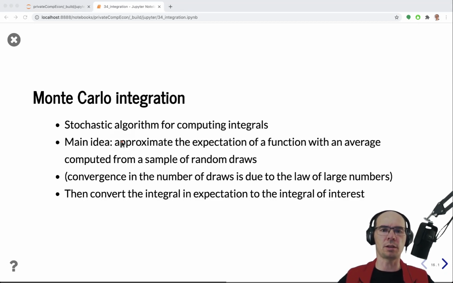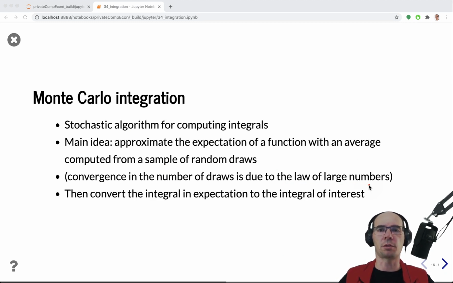This is a stochastic algorithm for computing integrals. Stochastic means that it's based on some random draws. The main idea is to approximate the expectation of a function with an average computed from a sample of random draws. Because the expectation of a function is an integral in itself, we can approximate the averages by just drawing random numbers, having the law of large numbers on our side to ensure convergence of the sample average to the theoretical average.